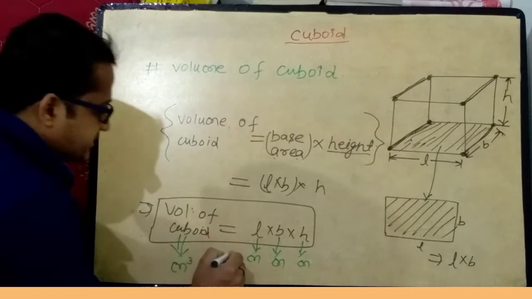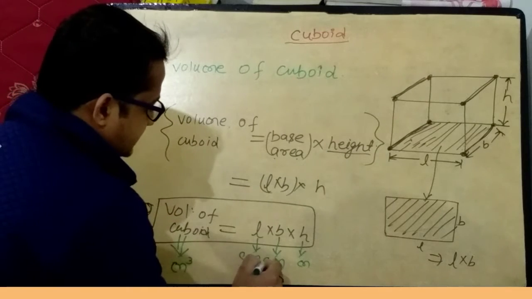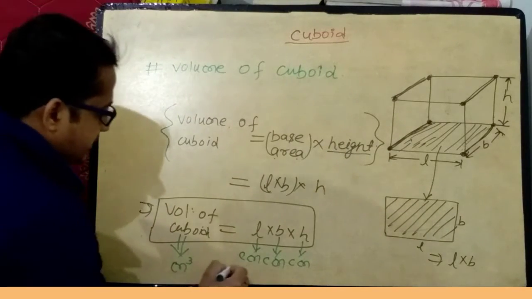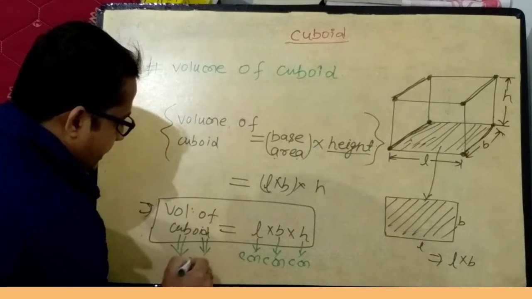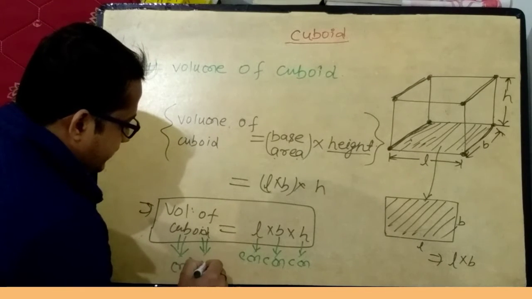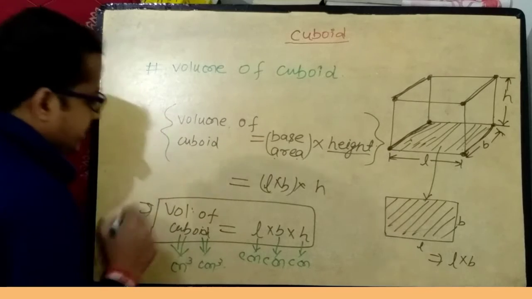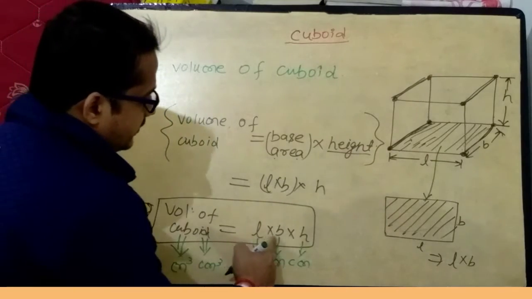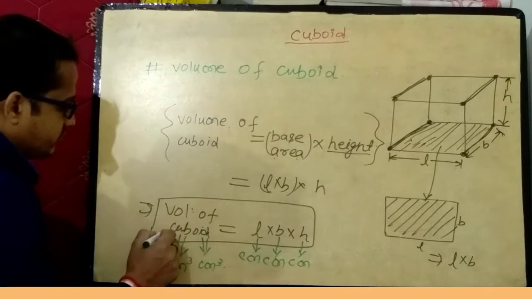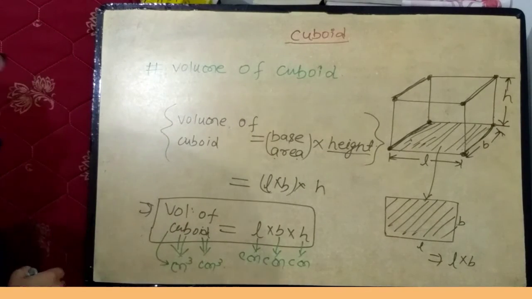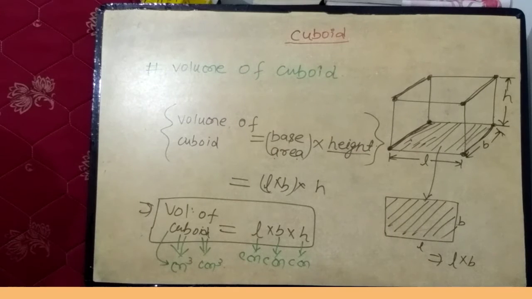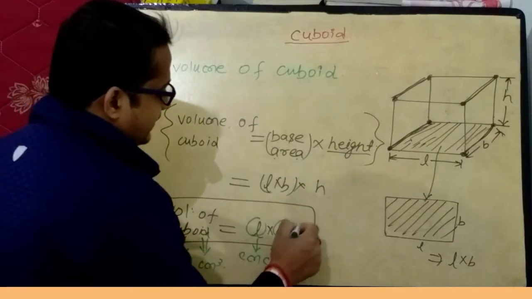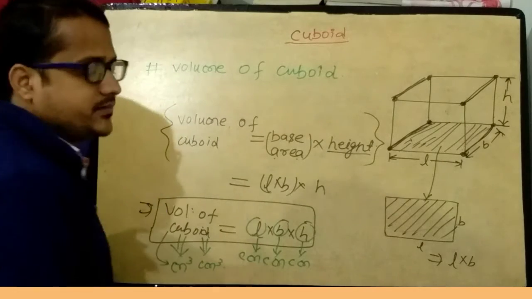If length is given in centimeter, breadth is given in centimeter, as well height is given in centimeter, then unit of volume will be centimeter cube. So depending upon the unit of L, B and H, unit of volume will be meter cube, centimeter cube, kilometer cube, whatever length, breadth and height unit is given.